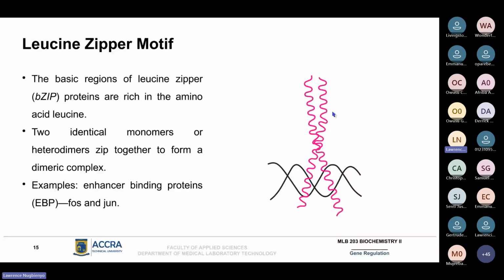That's why it's called the leucine zipper, because it looks just like a zip. You find this in what are referred to as enhancer binding proteins. It's been seen, for instance, in some proteins that participate in the progression of cancer.